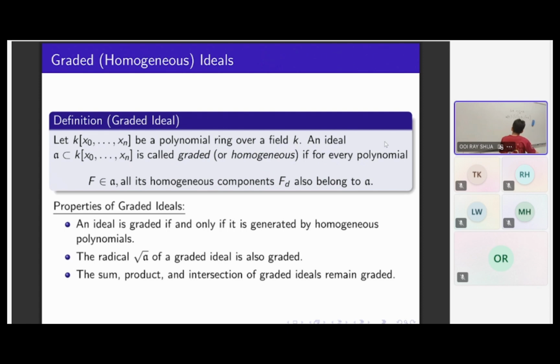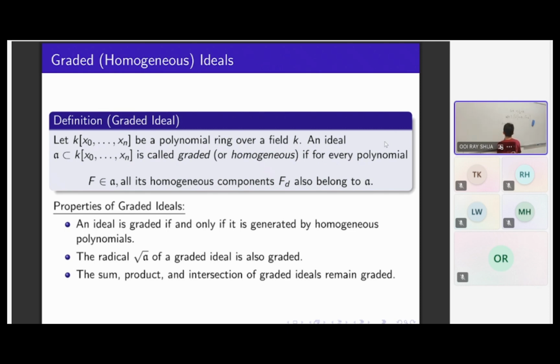So now your A becomes the square root of A, right? And you're going to check that all the homogeneous components are also in it. So to check that, you do backward reasoning. So you want the f to live inside the radical of A, meaning what? You want some power of it to live inside A, and then you somehow need to use A being greater.